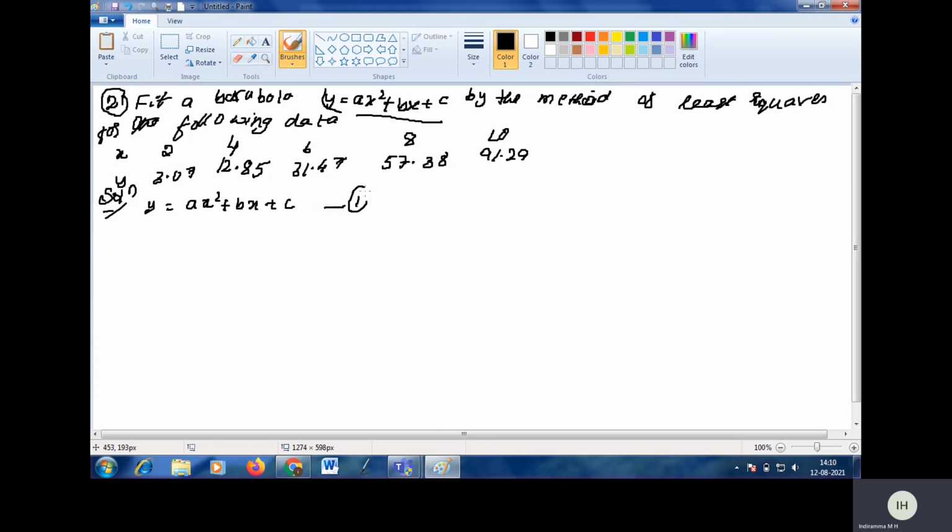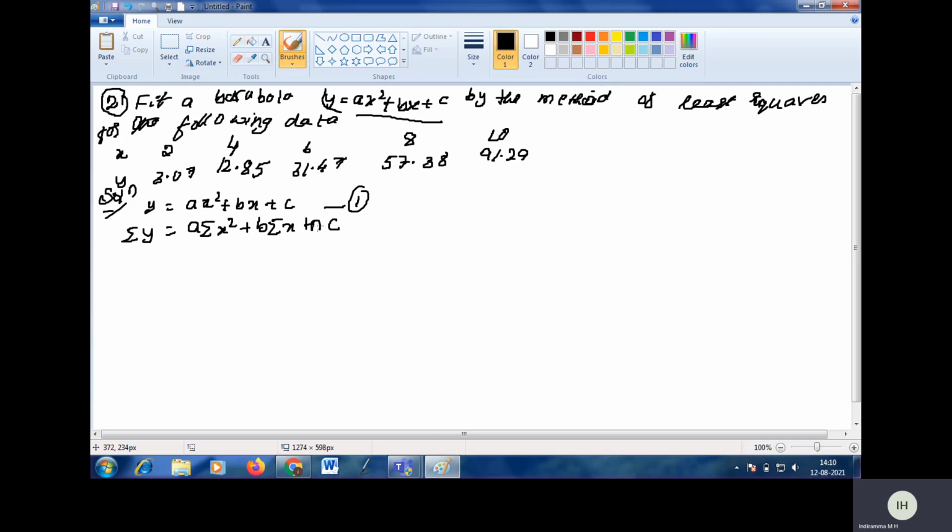You call this equation number 1. Now write down the normal equations for this. By taking the summation, summation of y is equal to a into summation of x square plus b into summation of x plus n into c.